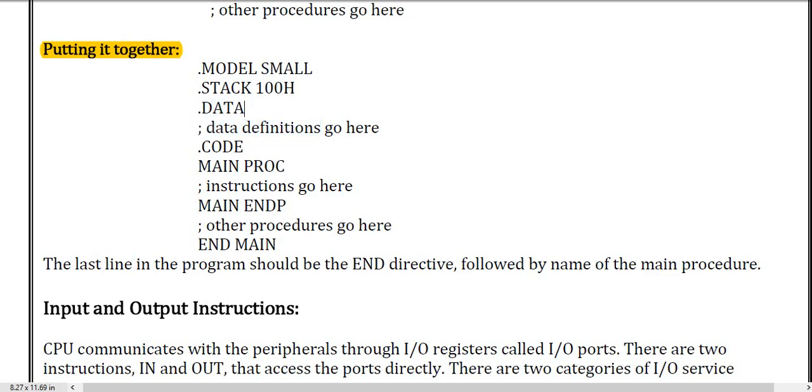In the data section we have declared the data section, and after that we have commented where the data definitions go. Then we are in the main code section. After the code section we have main proc, which means initialization of code starting from here, and main endp and end main, which mean other processes go from here. The end main means the ending of this main function.